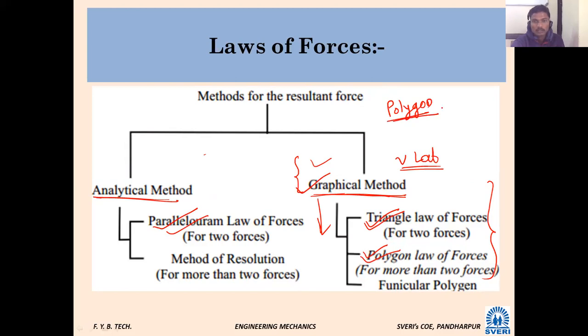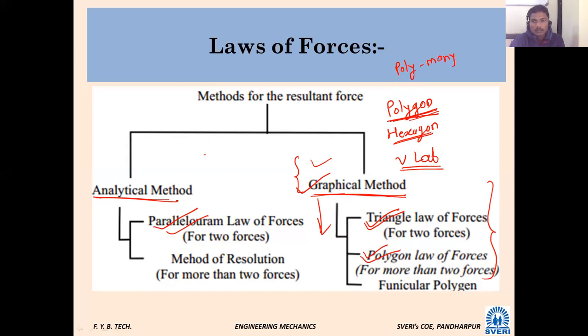What is a hexagon? A polygon is a type of plane figure, but poly means many. You remember this word: poly means many.